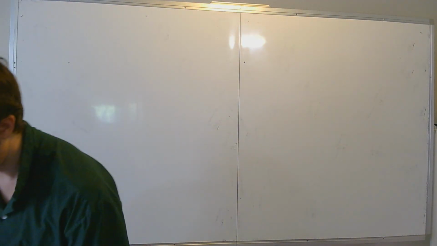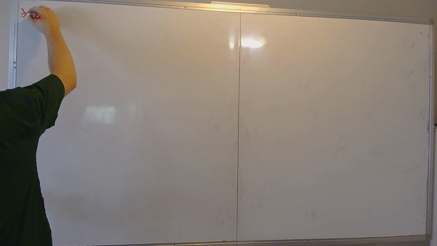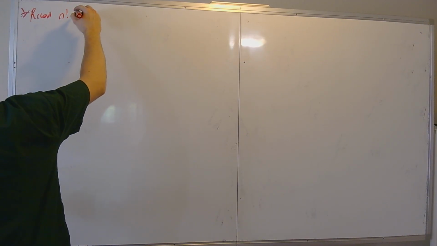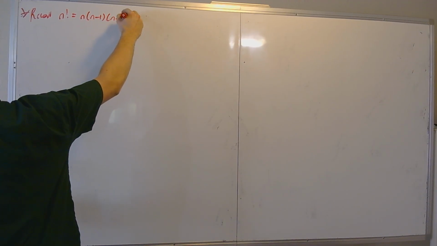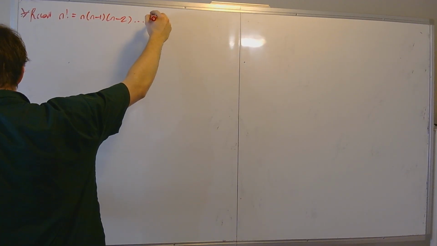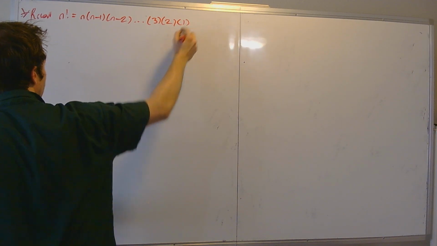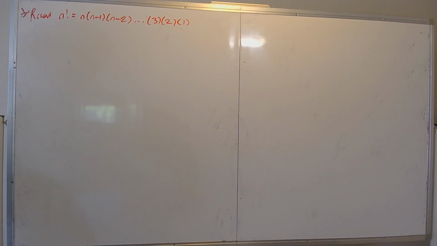Okay. So I'll write down here, recall that n factorial is the same thing as n times n minus 1 times n minus 2 times ... times 3 times 2 times 1. Right, so we're just multiplying together all of these numbers whenever we have n factorial.